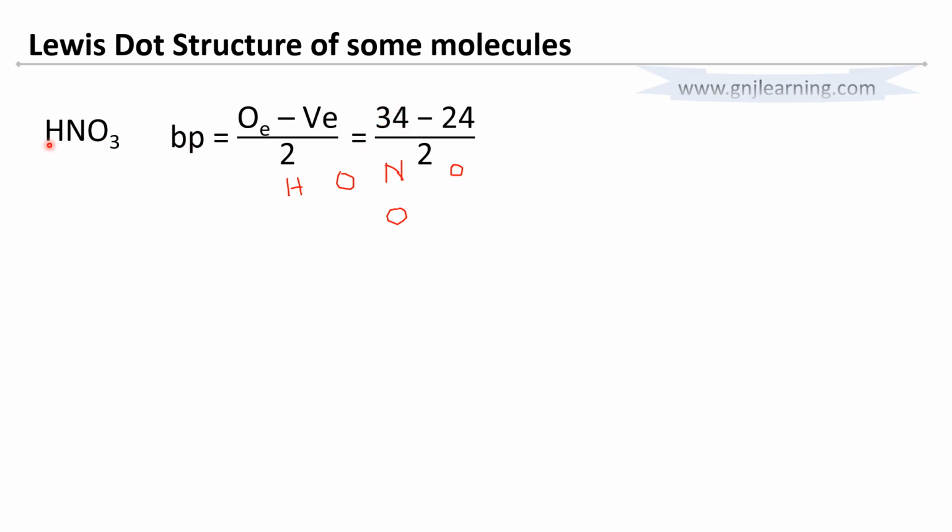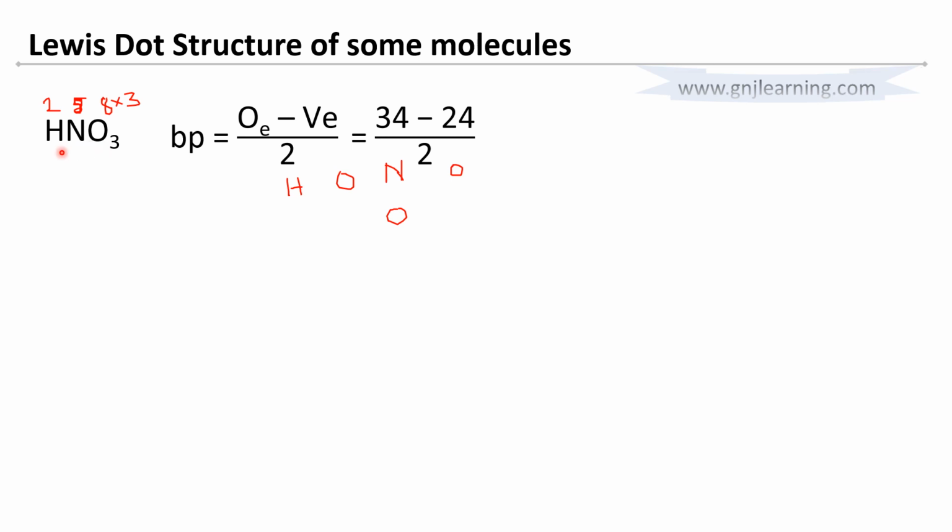Because hydrogen requires 2, nitrogen requires 8, and oxygen requires 8 into 3. If you add them up, you will get 34. That's how we get the octet required, except for hydrogen, which is a doublet.